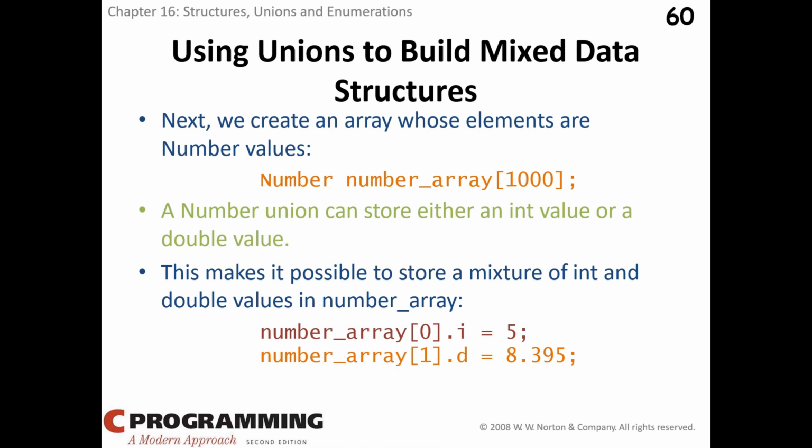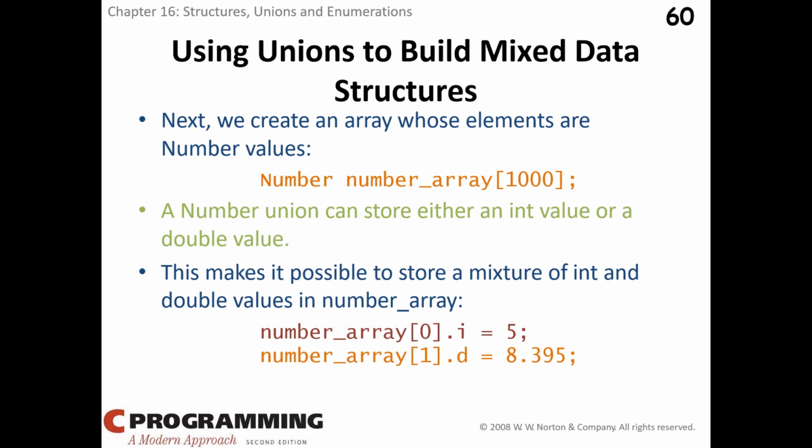So here we have the number array, which comprises elements of type number, and this number type is a union that we defined before in our previous slides that can encapsulate either an integer or a double value. Given that a number union can store either an integer or double value, we can exploit this flexibility to introduce a combination of integer and floating point data within our number array.